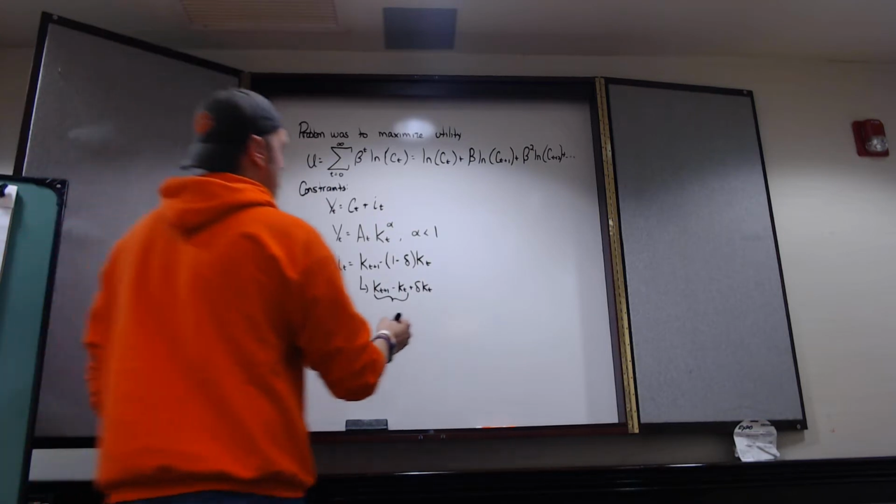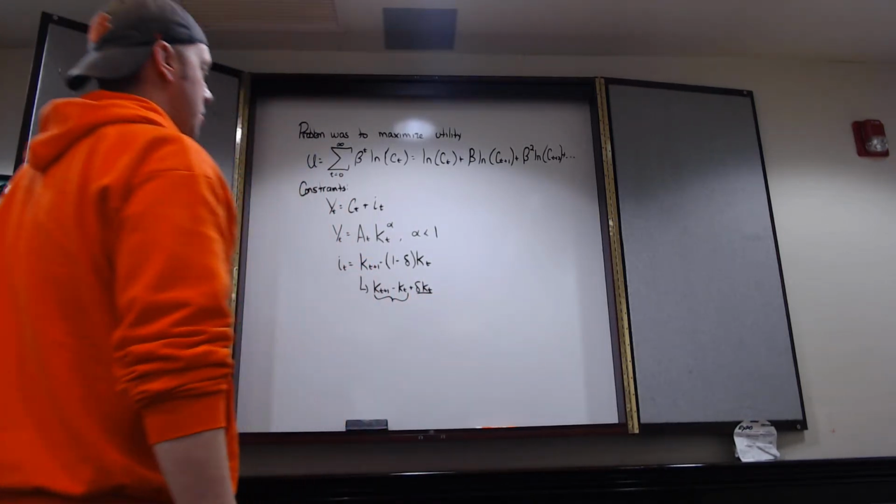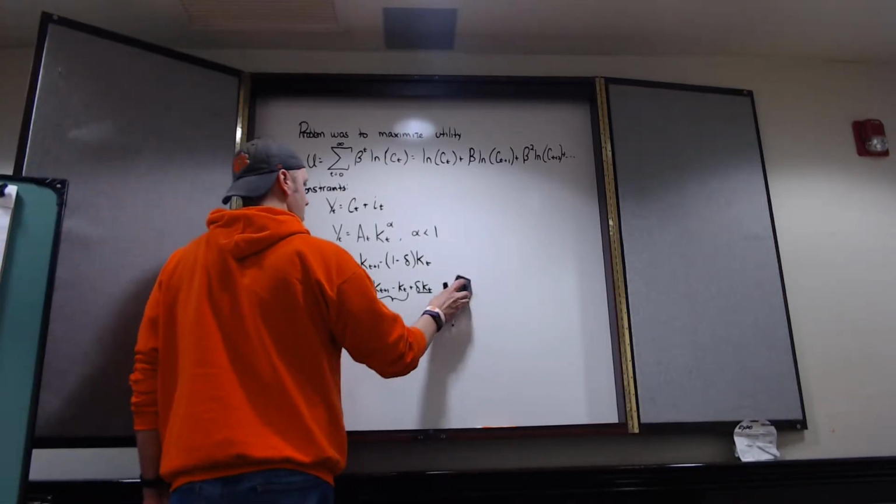But we also need to account for the amount of capital that's falling apart, which is delta times K_t. So this is our law of motion of capital.